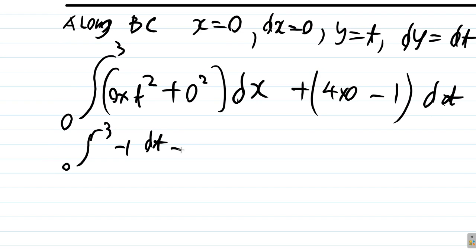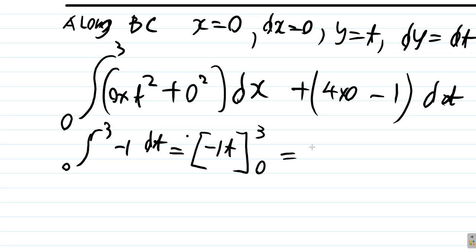When you integrate this, you get negative 1 times t. And it's a definite integration from 0 to 3. See that? And this is the same as negative t. So we can put in the boundaries.